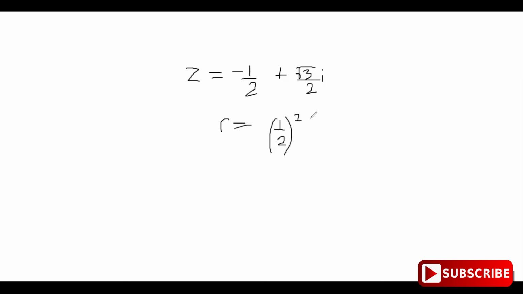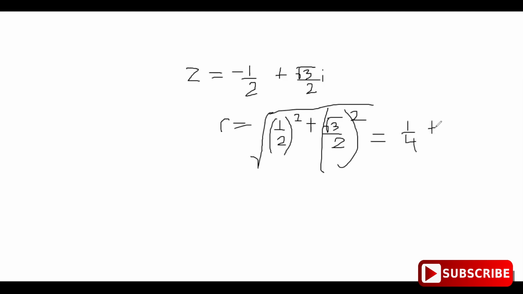Let's see that. A half squared plus root 3 over 2 squared. These things don't even need the calculator, but because we're lazy, that's it. Let's tell the truth. So work it out: a half squared is a quarter, plus root 3 squared is 3, over 2 squared is 4, so 3/4.